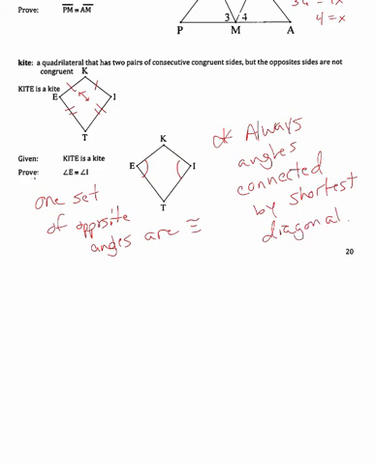And if you look at my kite, you can kind of see that. These two angles, E and I, look the same, whereas K and T do look different. T looks to be slightly smaller than angle K. So that's theorem number one. You have one set of opposite angles that are congruent, and it's always the angles connected by the shortest diagonal.